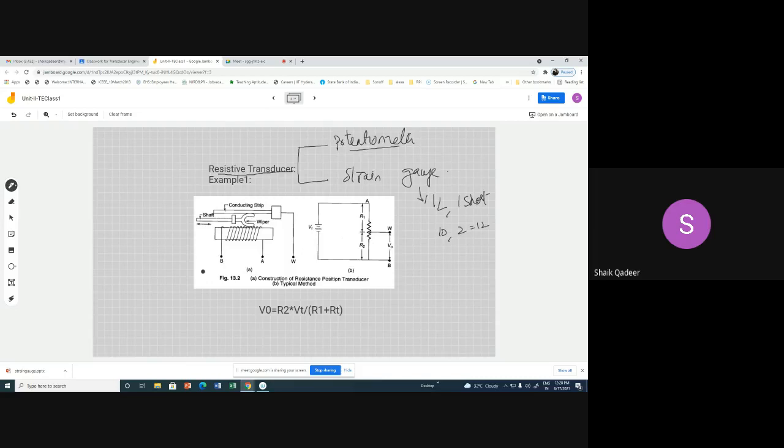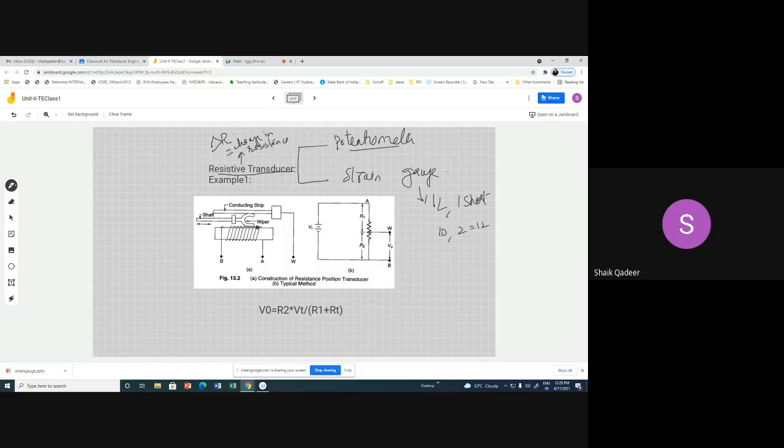The displacement information is tapped in terms of change in resistance. First of all, let me explain what a resistive transducer means. It is a device which measures information in the form of delta R. What is delta R? Change in resistance. Great. It is a device which measures the information in the form of change in resistance.